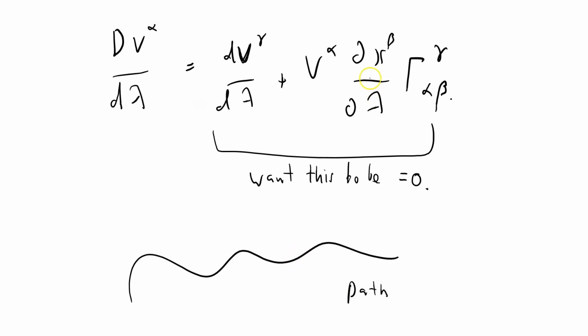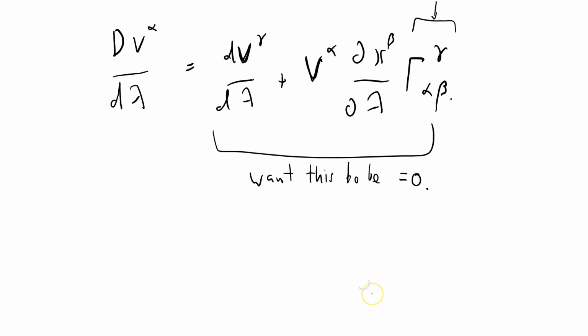But in order to evaluate these guys here, we need to make sure that the vector is nice and smooth in the vicinity of that path, and that's effectively what I've assumed. It's a little bit non-rigorous, but we'll leave it there.